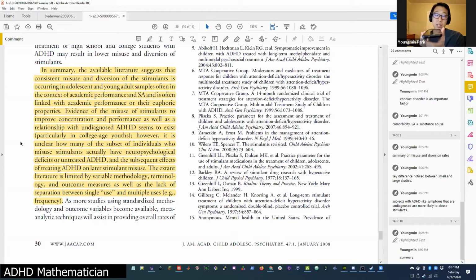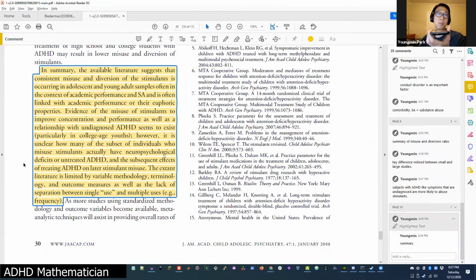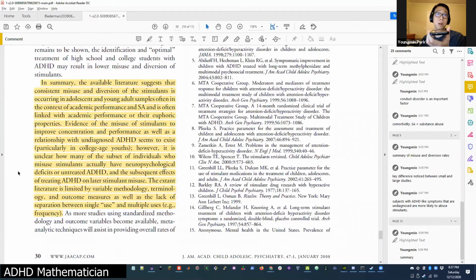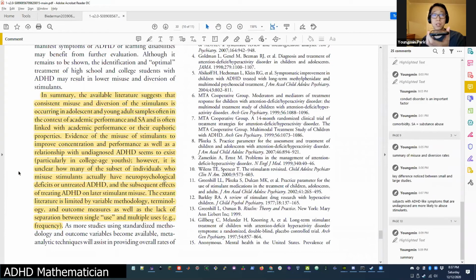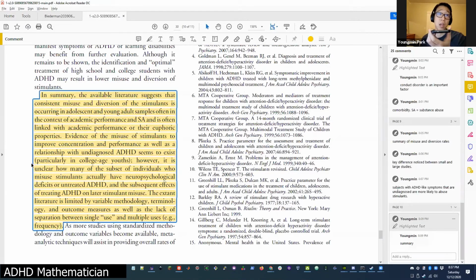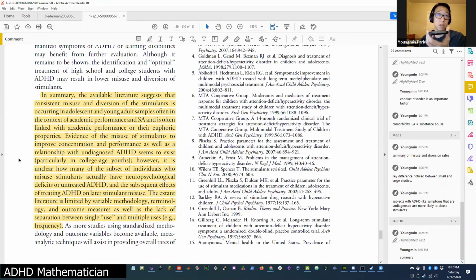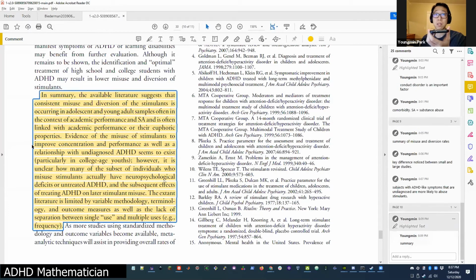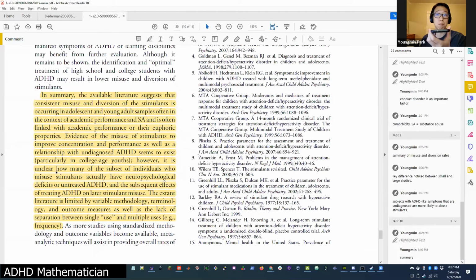So diagnostic criteria, for example, there's the Utah criteria. That's very consistent for diagnosing ADHD. And it would be nice to have something like that for these studies where outcomes have a consistent metric. Terminology is consistent between studies. That would be nice. But it's not really my field or my problem to fix.